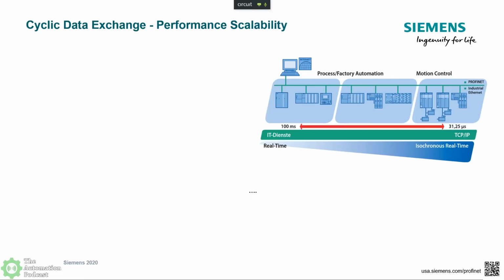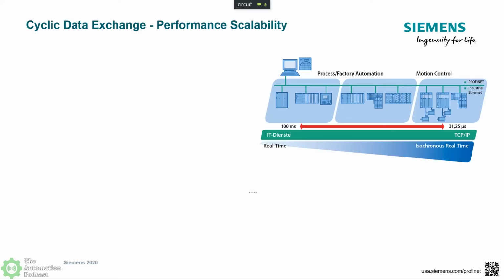Okay. So we were talking a lot about cyclic data exchange. PROFINET is very scalable in terms of performance for all kinds of applications. You can see on the right side, for motion control applications, PROFINET is specified to go down to 31.25 microseconds.